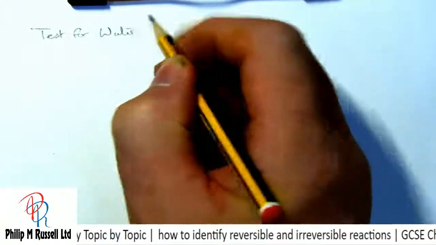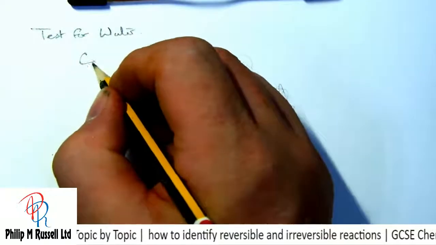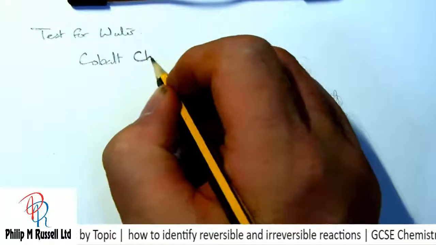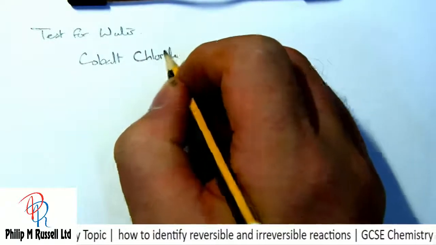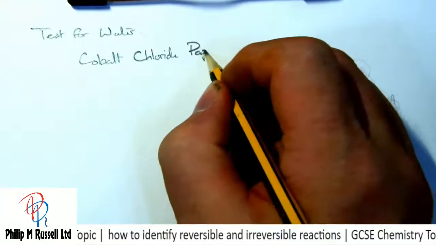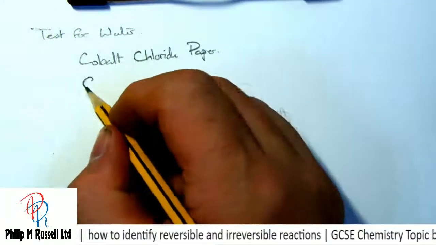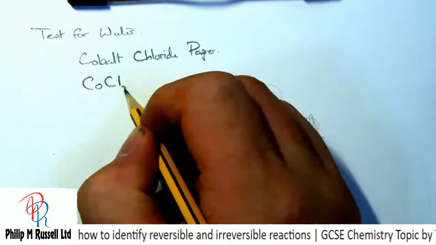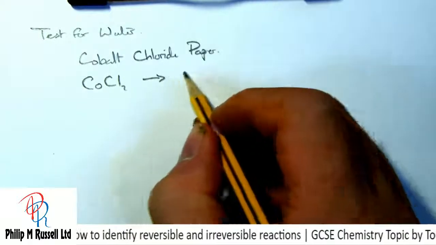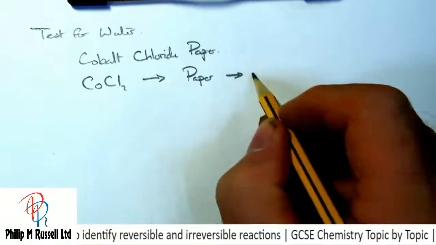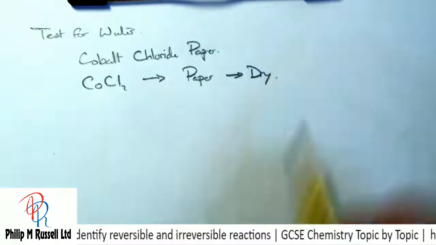The test for water is to use cobalt chloride paper. So we take some cobalt chloride and we put this onto some paper and we dry it.